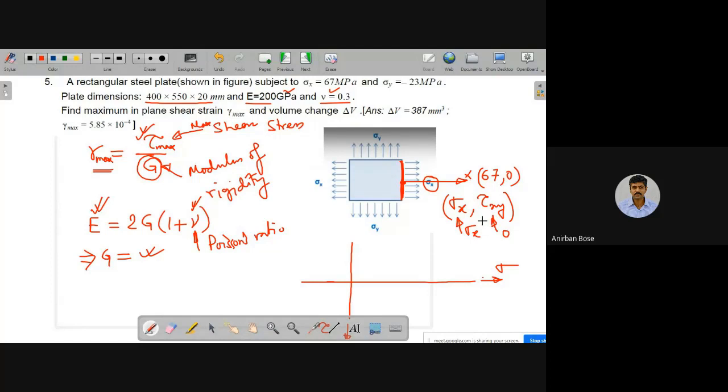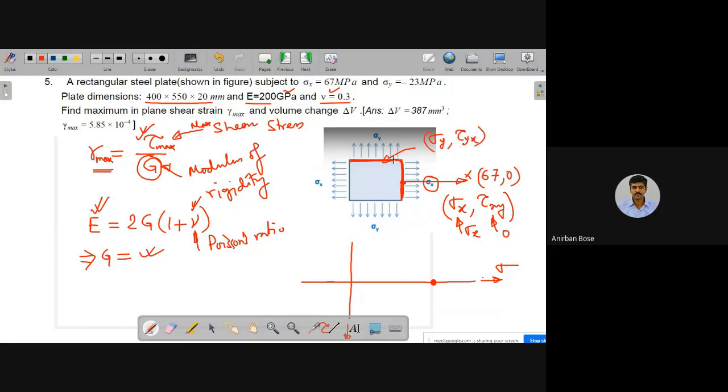So if you put this value, it will be like this. Say this is the point 67 comma 0, and then what is the state of stress at this plane? The state of stress at this plane is sigma y comma tau yx.